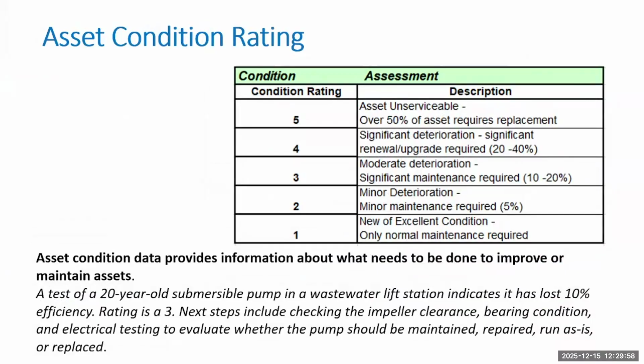In this instance, that means over 50% of the asset requires replacement. And that goes down to a 1, which is considered an asset in new or excellent condition. You only need to do normal routine maintenance on that. And then the numbers are in between there as well.